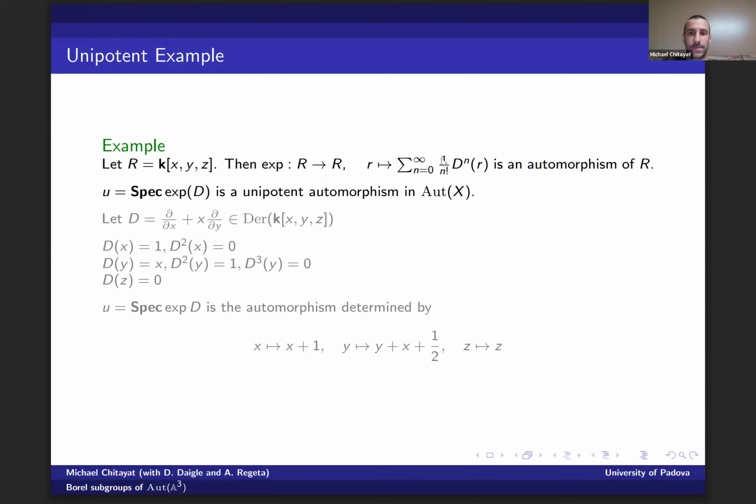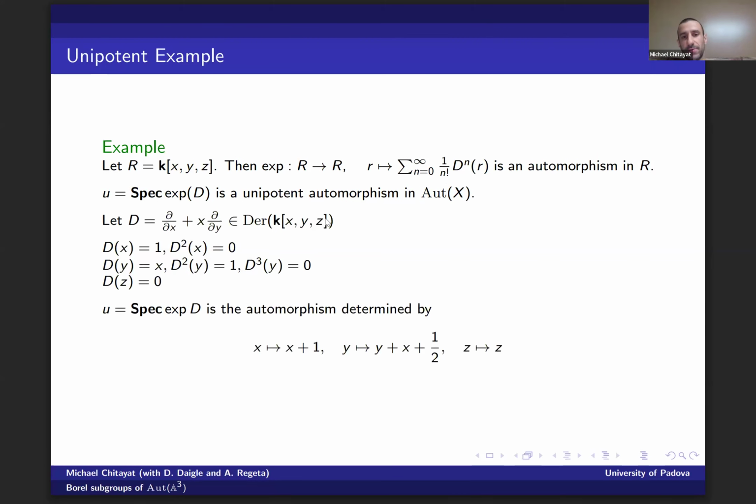And this map is an automorphism of R, excuse me. And if you let U be the spec of that automorphism, you obtain a unipotent automorphism in the automorphism group of X.